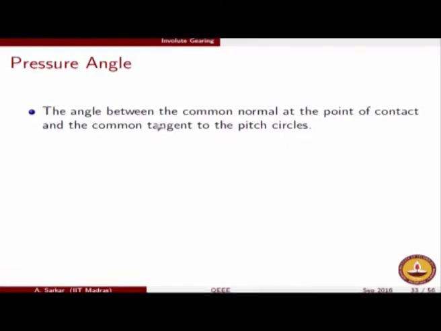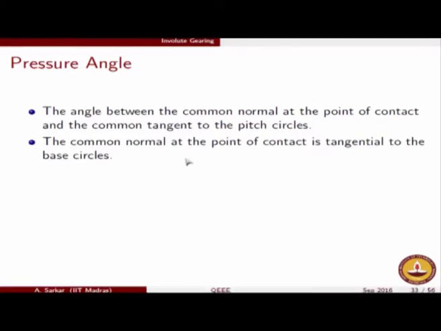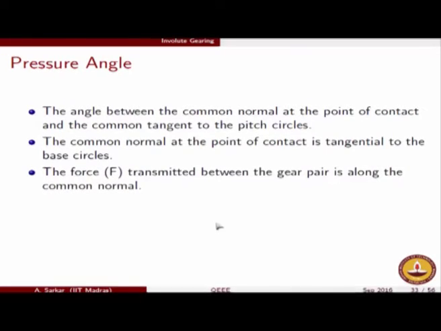The pressure angle, as we have defined, is the angle between the common normal at the point of contact and the common tangent to the pitch circles. The common normal at the point of contact between the two involutes is nothing but the internal tangent to the two base circles, which is what I have written here. The force transmitted between the gear pair is along the common normal.